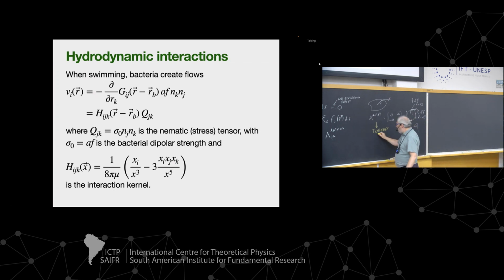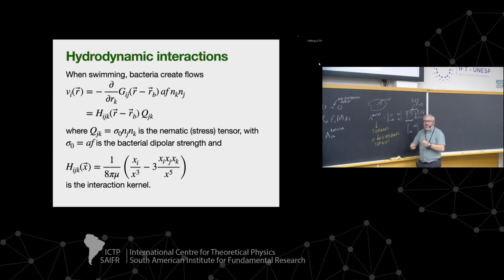But if there are no external torques, for example, some students of ours study magnetotactic bacteria, and for magnetotactic bacteria there are external torques, because you have a magnetic field that turns the guy.